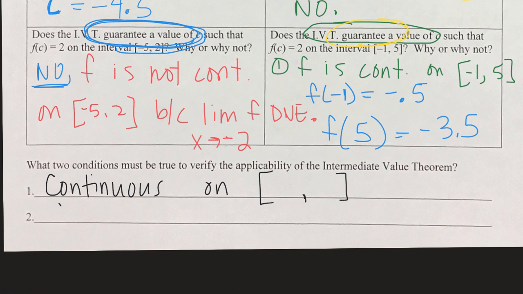And number 2, your given y value that we're looking for, known as k, must be between your 2 endpoints. If your y value that you're looking for is not between your 2 endpoints, then there's no guarantee that they're going to have an x value that corresponds with it. It might still, but it's not guaranteed. So it's the guarantee part that we're looking for.